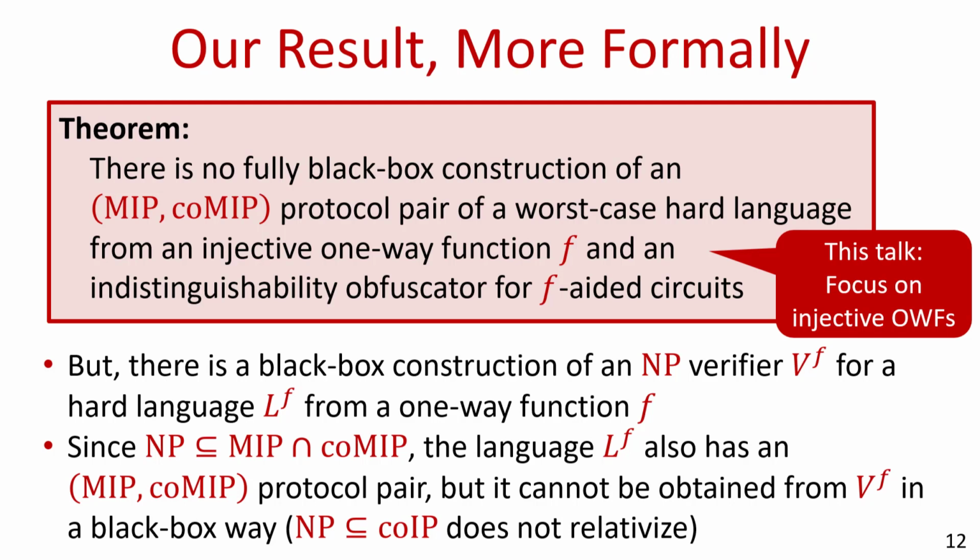As a side note, this is related to the fact that the containment of NP in CoIP does not relativize, but black box constructions do relativize. This leads us to the conclusion that if a complexity class A contains a class B, it doesn't necessarily mean that a black box construction of a hard language in B implies a black box construction of a hard language in A.